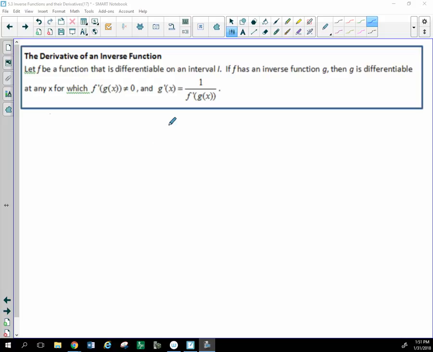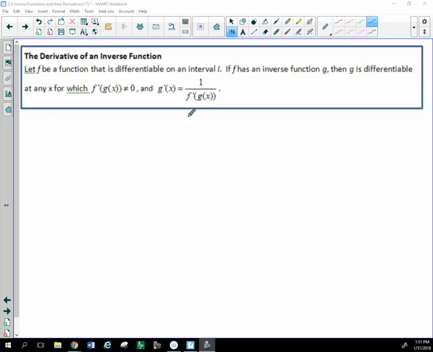This isn't terribly tricky, but what ends up happening here is that because these are inverses of each other, we're basically taking the derivative of the function with the y value substituted in, because g of x is the y value of the inverse, which basically means we need the x value of the original function.